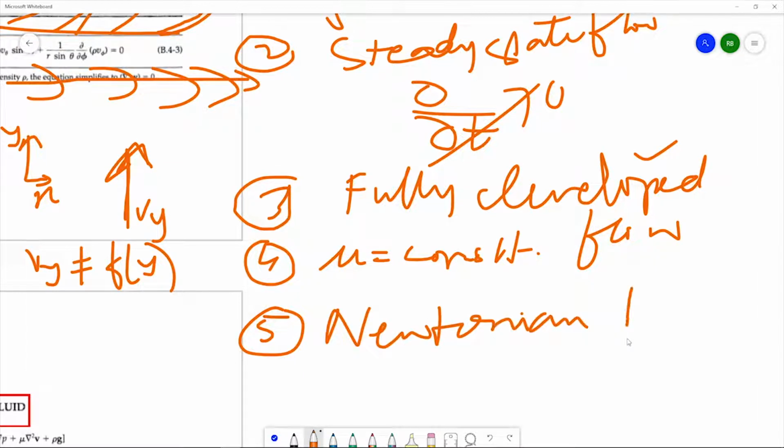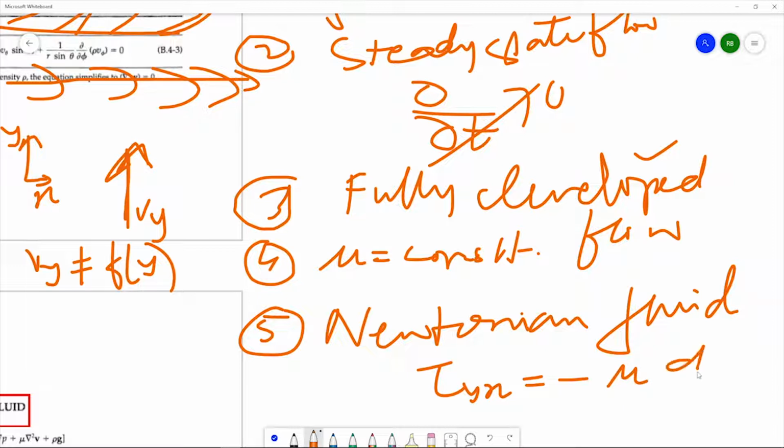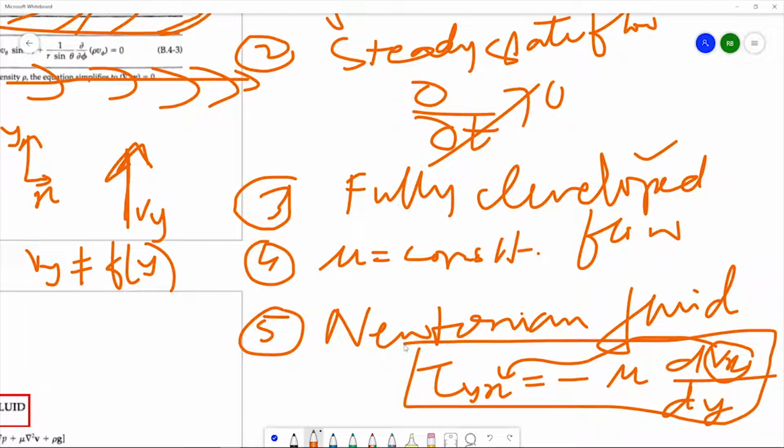If you are assuming Newtonian fluid, then you can use this relation directly. So that was minus mu dvx. See, the vx is the first index, the direction of flow, and momentum is getting transferred in the y direction. You can directly use this relation for all coordinate systems if it is a Newtonian fluid.